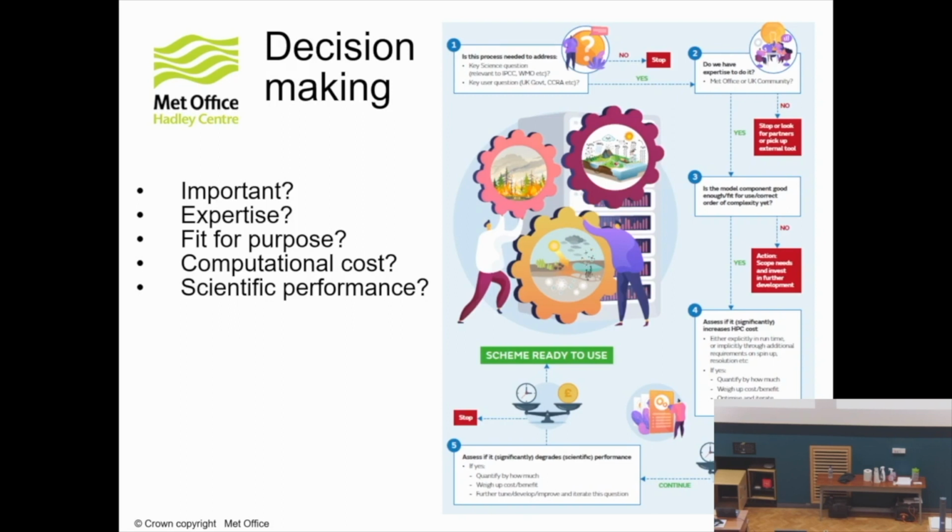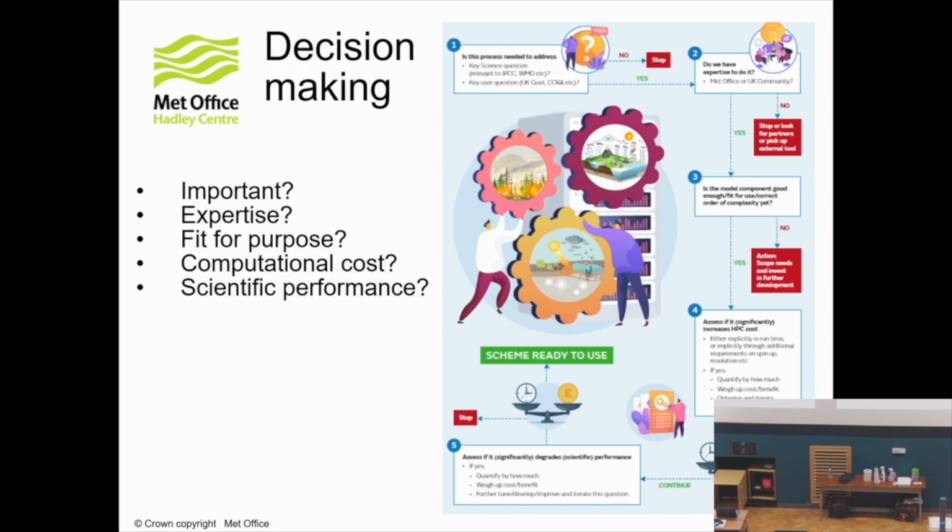This is an example of a decision tree that we've put together to determine what work we might do in relation to the Earth system model, and what we would include and what we might exclude. One key question is: is the process important in the context of climate change?